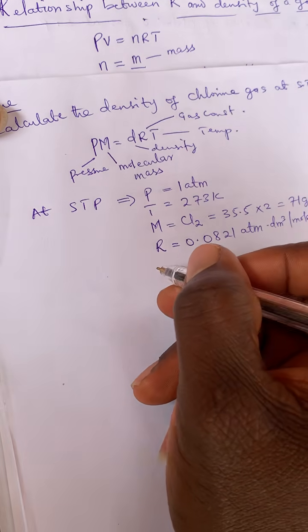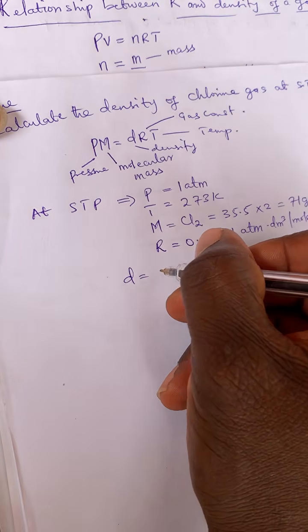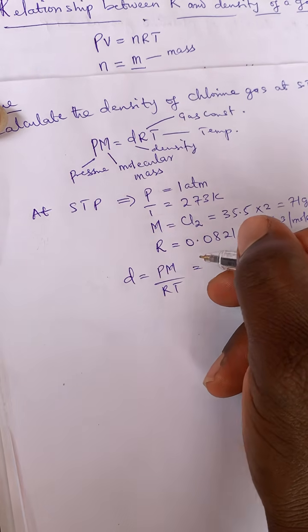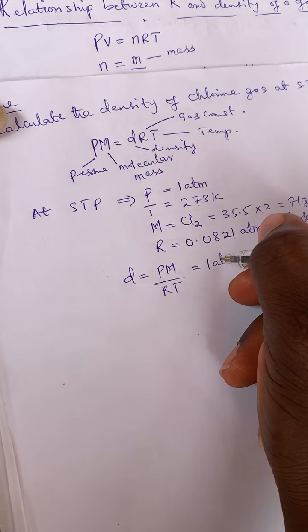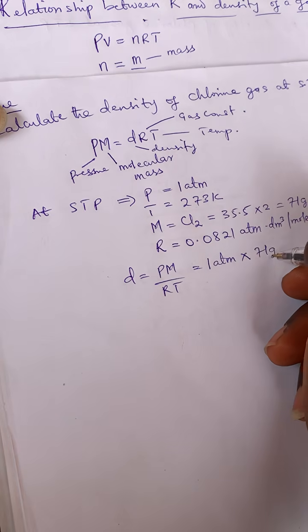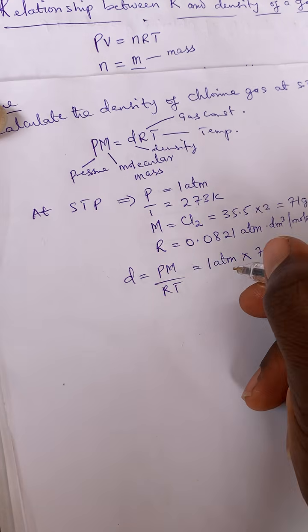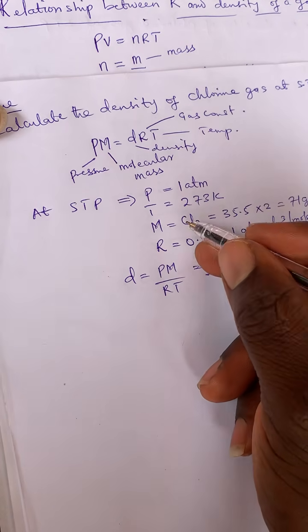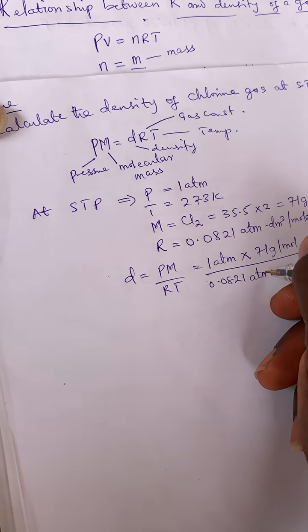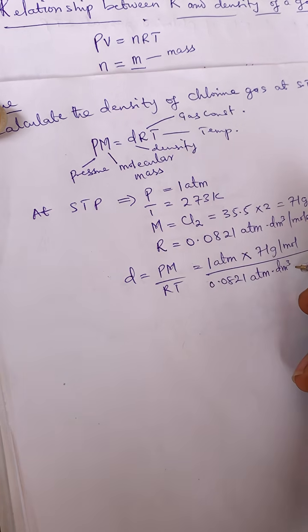So if we put that into the equation, density is equal to PM divided by RT. Putting everything in, we have 1 atm multiplied by M, which is 71 gram per mole, divided by R, which is 0.0821 atm dm cube per mole per K, multiplied by 273 Kelvin.